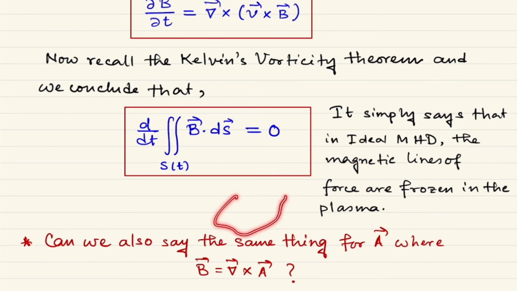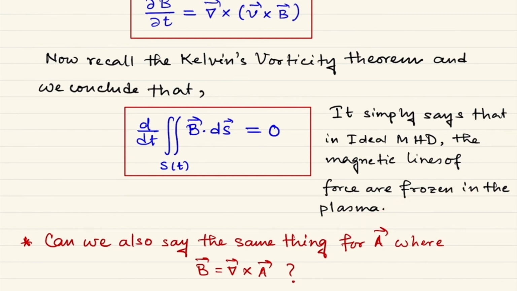Because we are following one surface made by the fluid elements, we are actually following a slice of matter. If we keep our target intact, then the flux is also intact. So our target was just a slice of matter, and it simply says that the magnetic field is frozen with the matter or with the plasma.